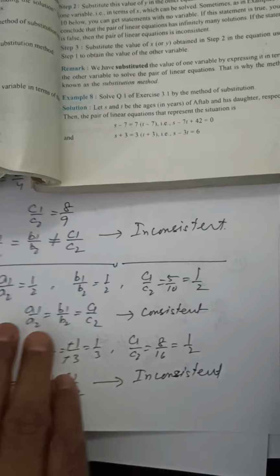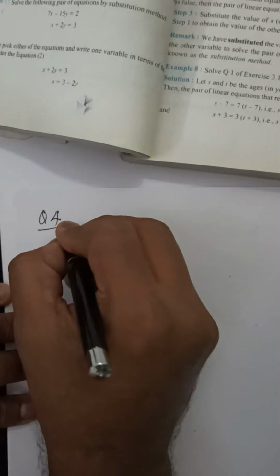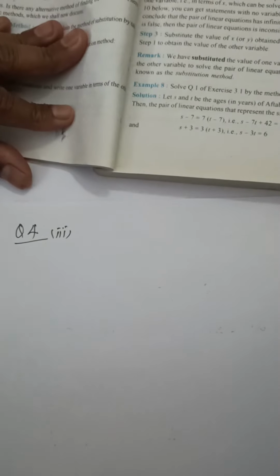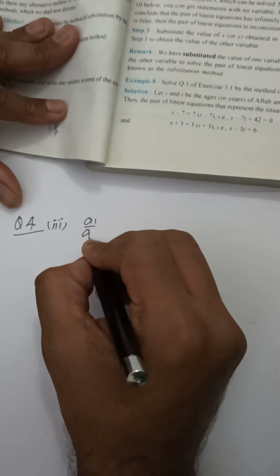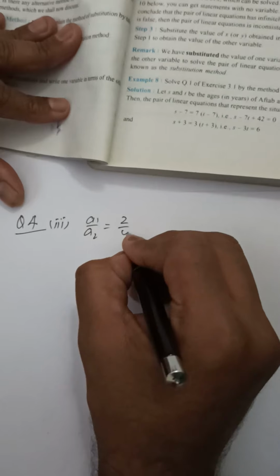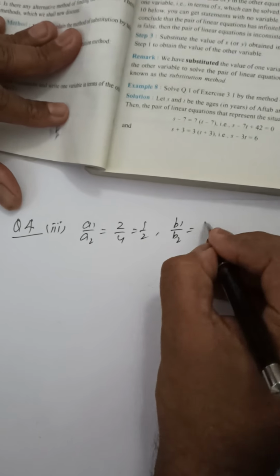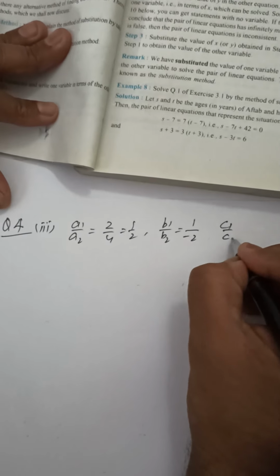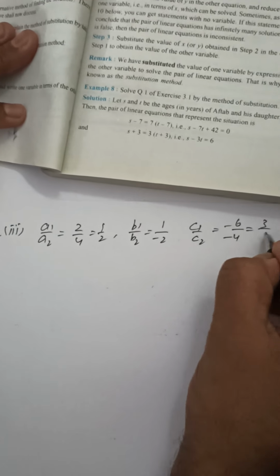Moving on to the third part. The third part of question number 4. You have to draw the graph whenever they are consistent. a1 upon a2 in the third part is 2 upon 4, which gives you half. b1 upon b2 is 1 upon minus 2, and c1 upon c2 is minus 6 upon minus 4, which gives you 3 by 2.